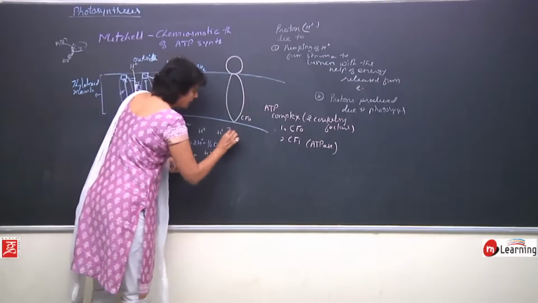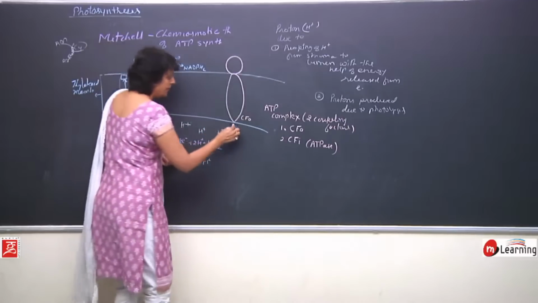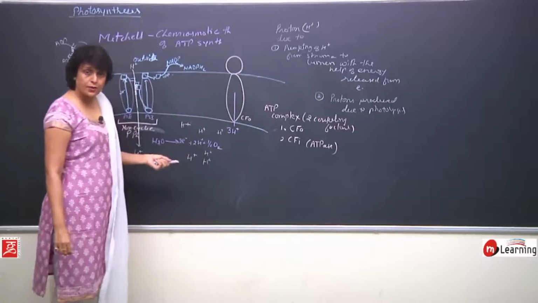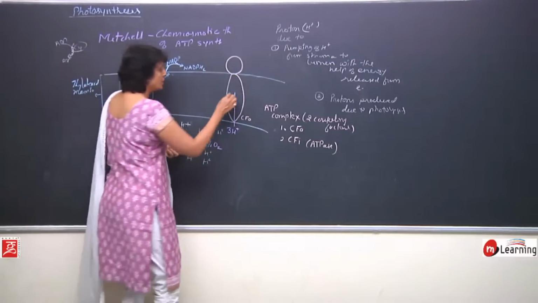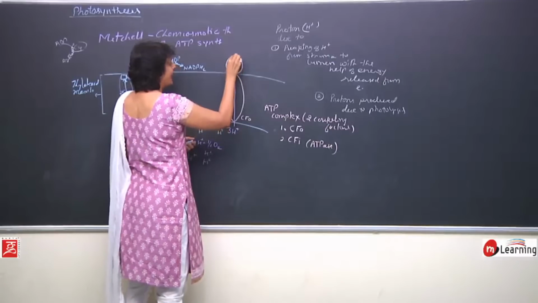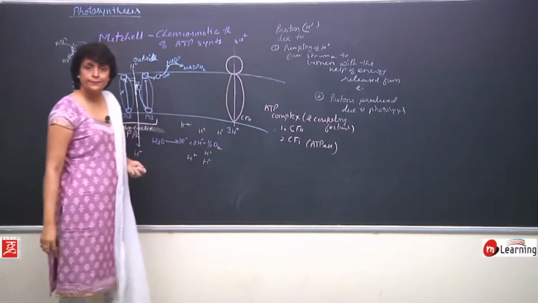So, when 3 protons go back according to the concentration gradient, from higher concentration to lower concentration, they release energy and go back into the stroma.